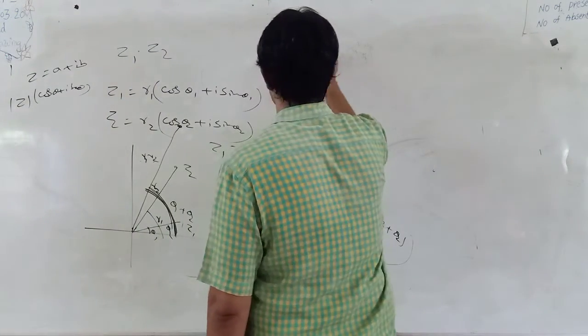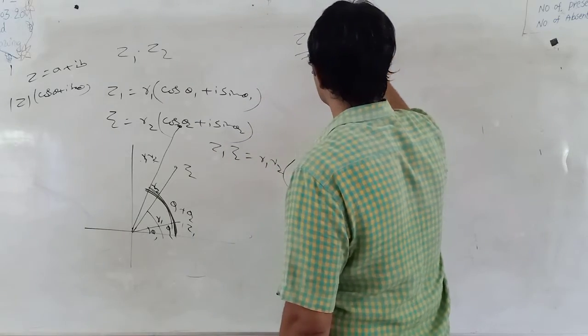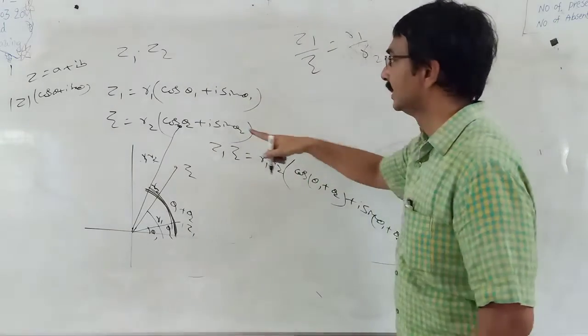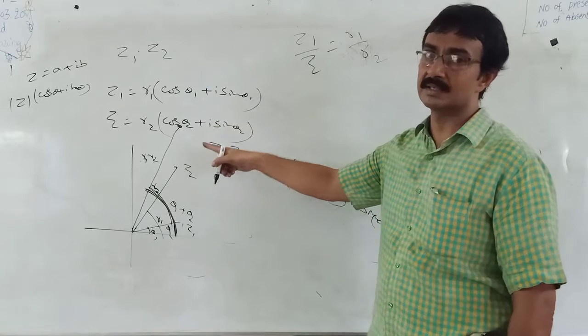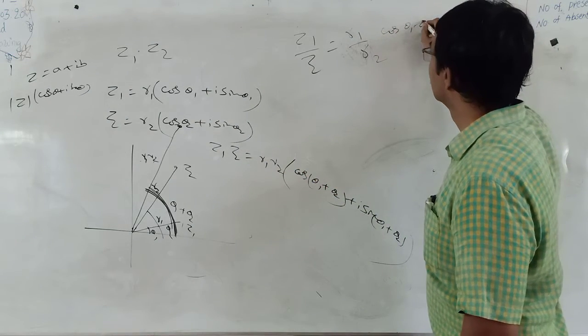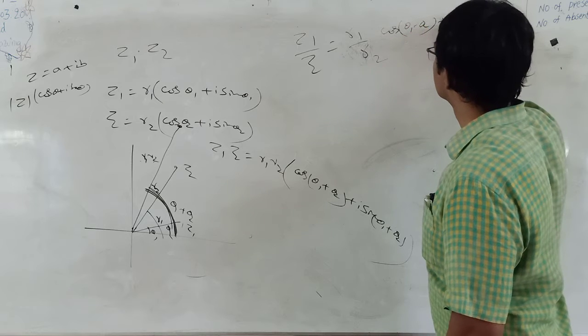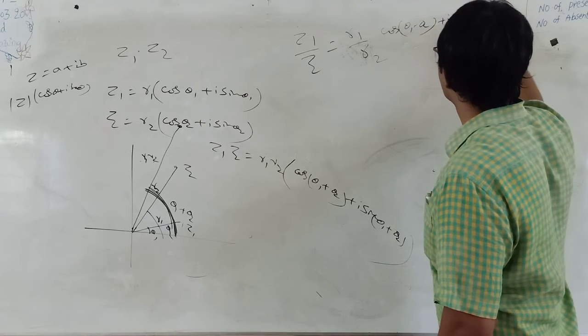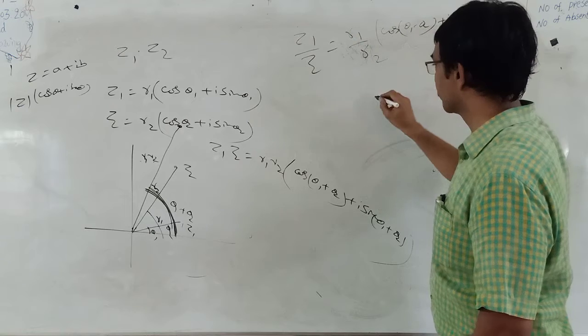Similarly, z1 by z2. z1 by z2 is r1 by r2 into cis alpha by cis beta, which is cis of alpha minus beta. Therefore, cos of theta 1 minus theta 2 plus i sin of theta 1 minus theta 2.